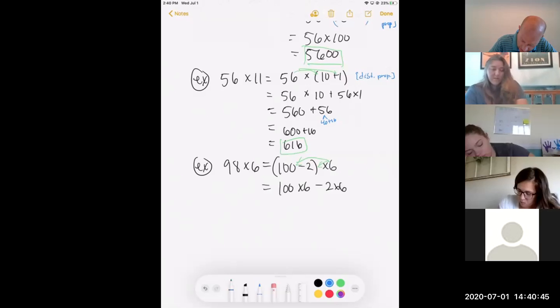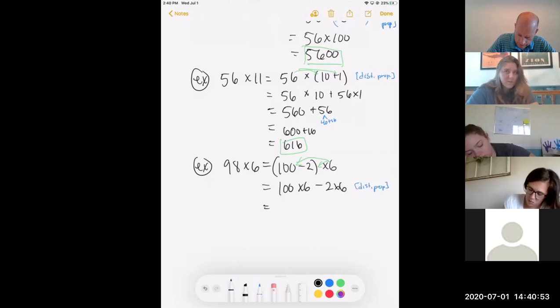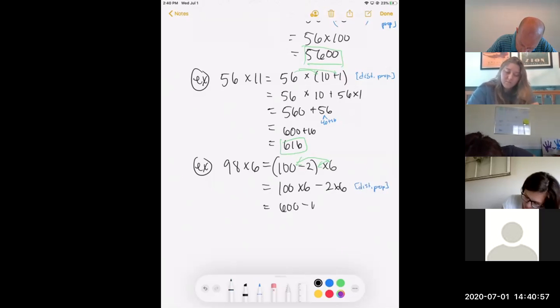And that's the distributive property. Okay. And then we have 600 minus 12. 600 minus 10 is 590, so 588.